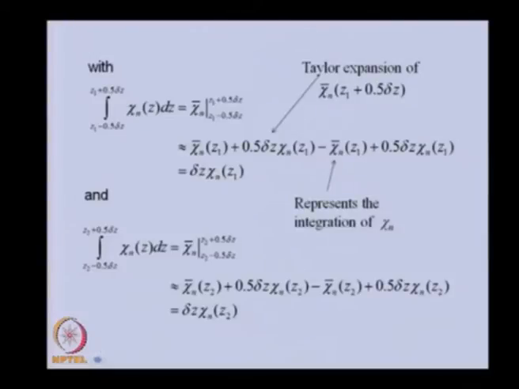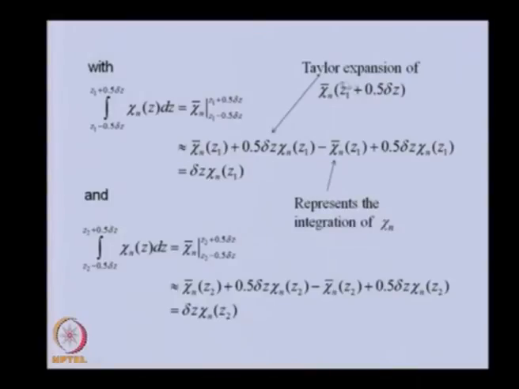So the first integral is like this. Let us say this xi n bar is the integration of this function, and if we keep the limits of this, we will get this for the first limit, and for the second limit another term will be there.